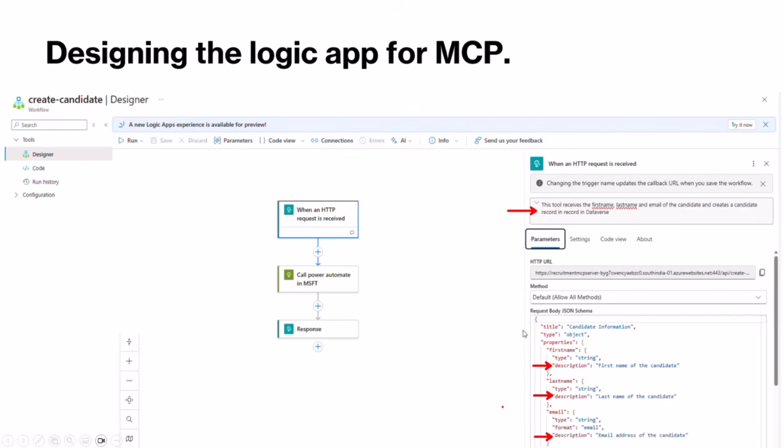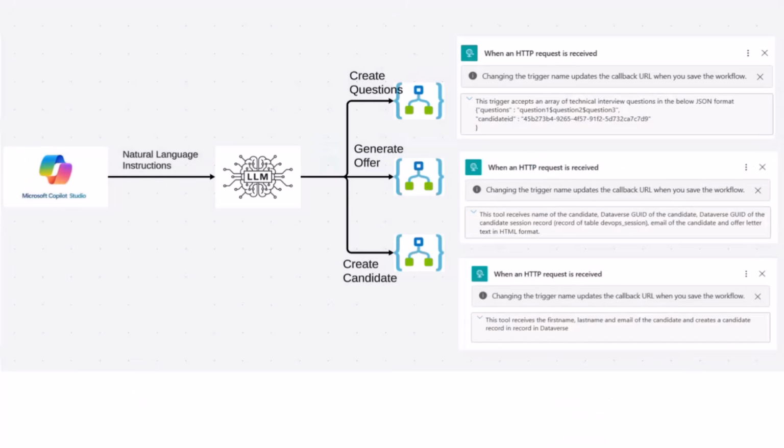The beauty of the MCP server really comes up here, because when you ask the Copilot to do certain actions in natural language, it will automatically map your input to the JSON payload, regardless of how complex the payload actually is. So you just have to describe the payload and what the flow does, and everything else can be taken care of by the LLM, which is the real brain behind.